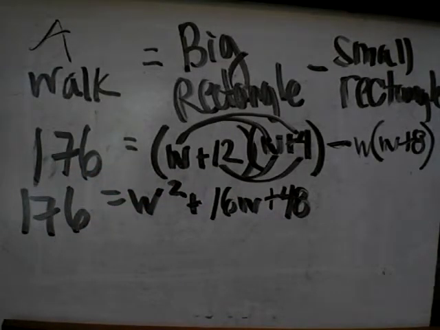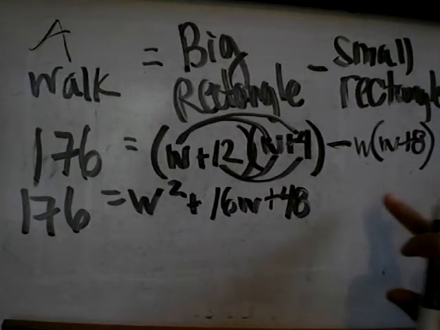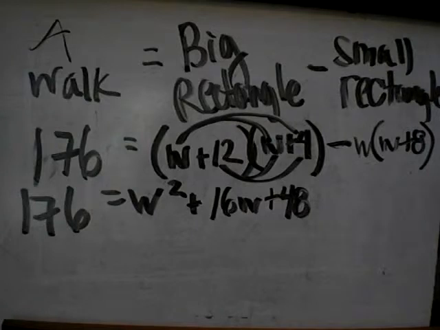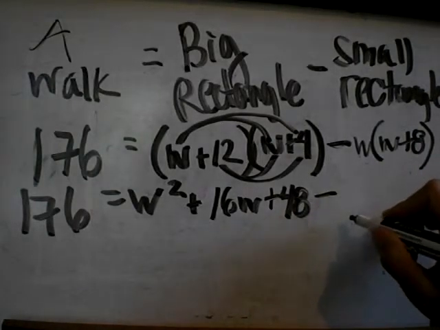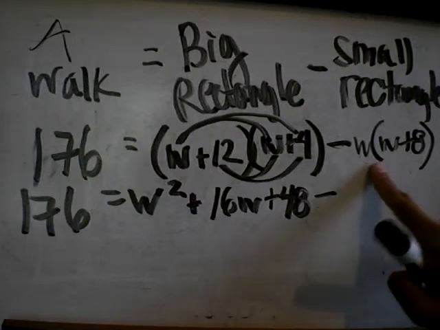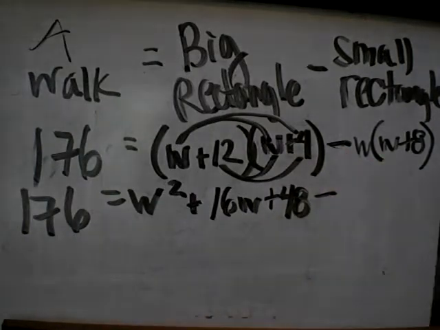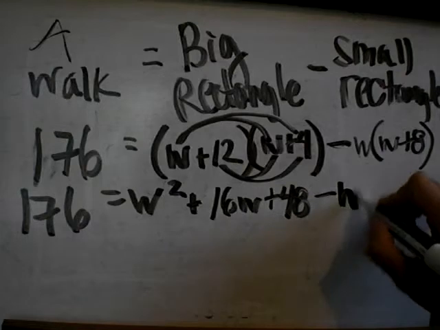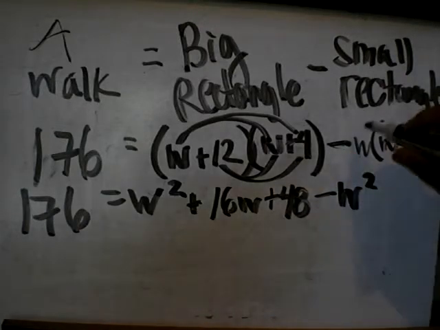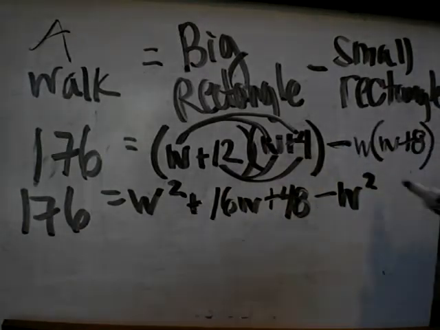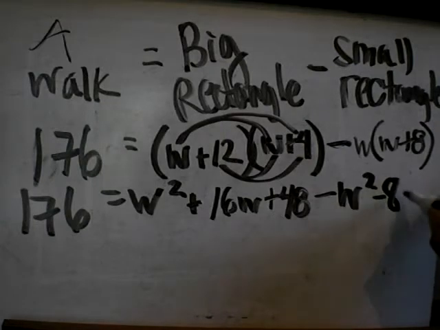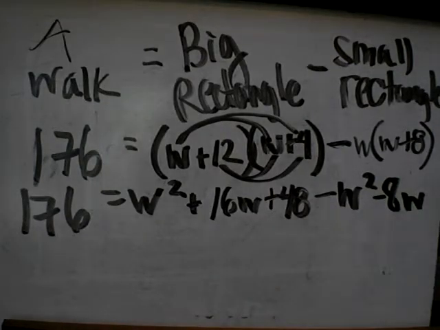Okay, and now we can use the distributive property to figure this guy out. So we've got negative W times W, so that's negative W squared. And now negative W times 8 should be negative 8W. And can we combine like terms here? We sure can.